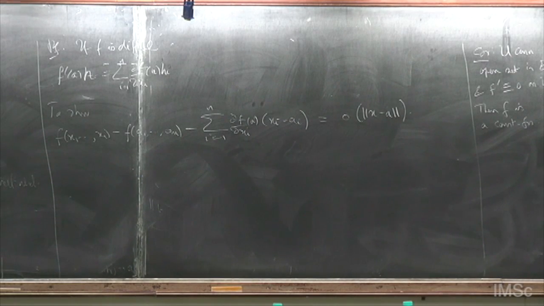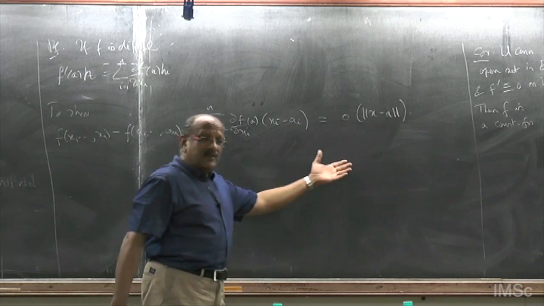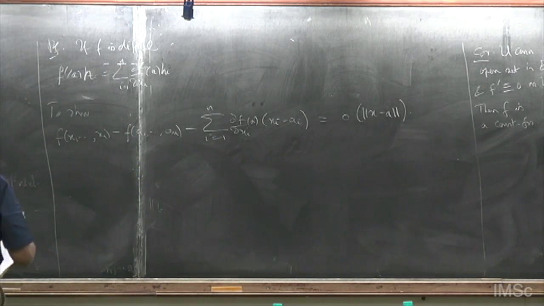If f is differentiable, I know what the candidate is. So I take the candidate and see if it verifies the definition of derivative or not. To show that, I just have to check this identity. So we are going to write this in a nice way.